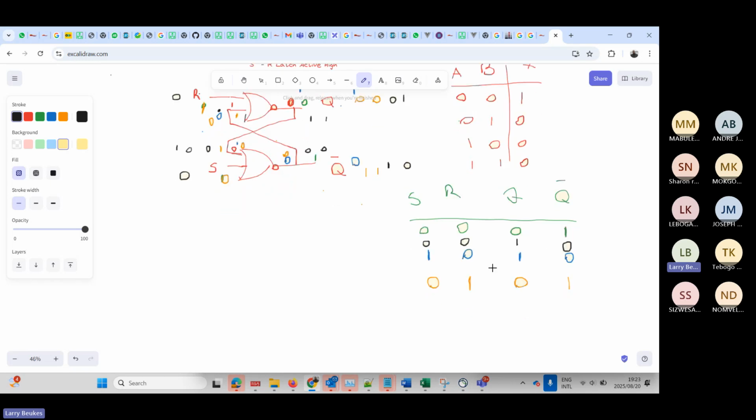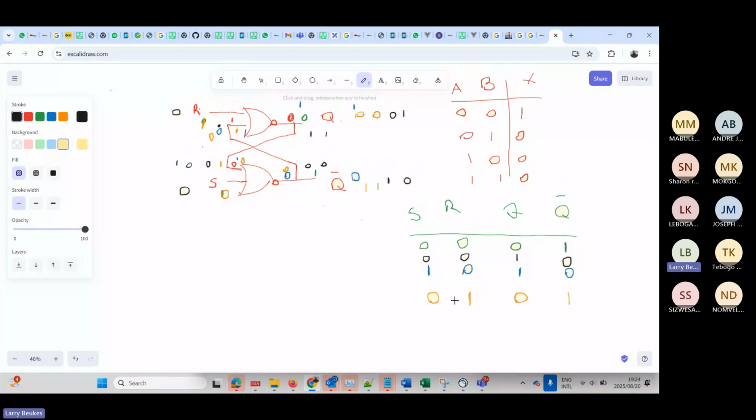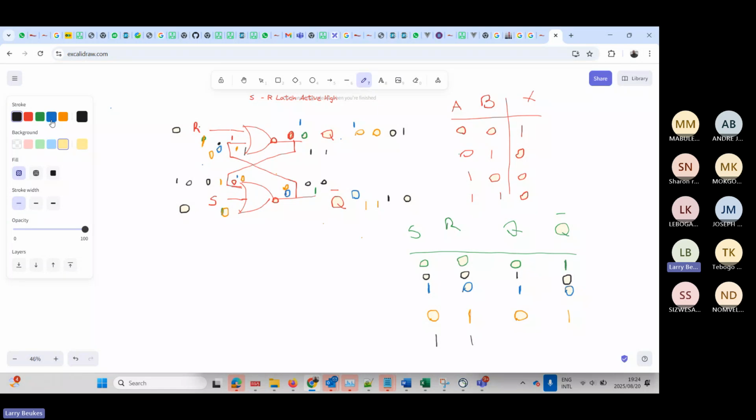Now we have these conditions, 1, 2, 3, 4. Then there is a condition that is called invalid. The last condition is if you have 1, 1. So what if by any chance you have 1, 1?